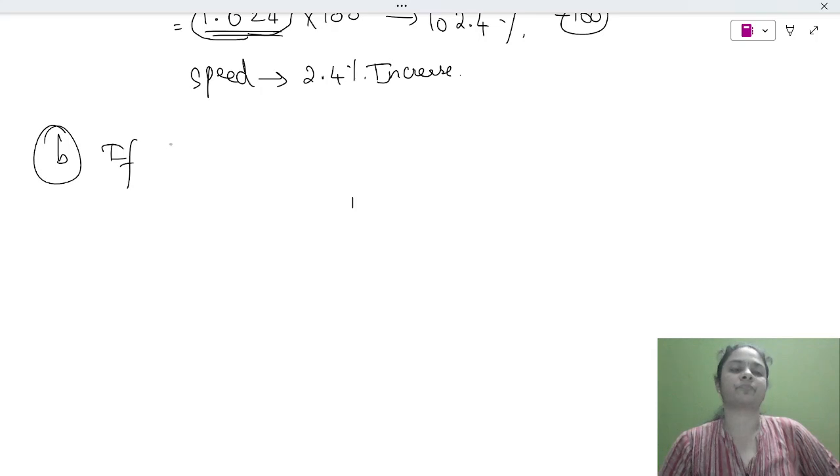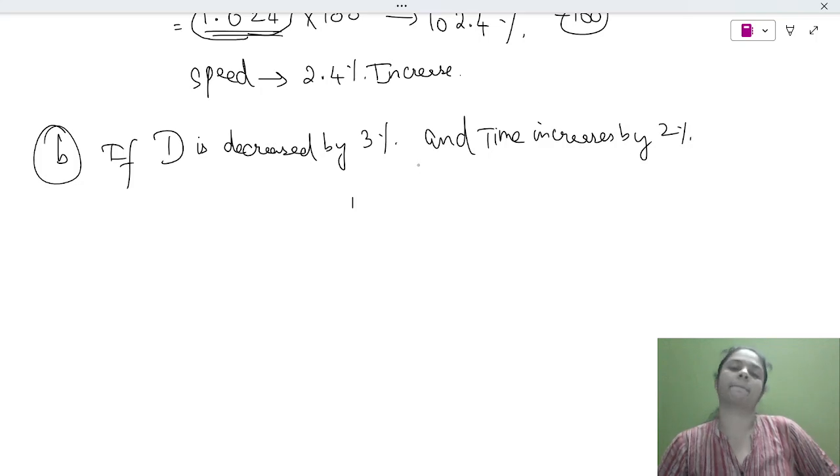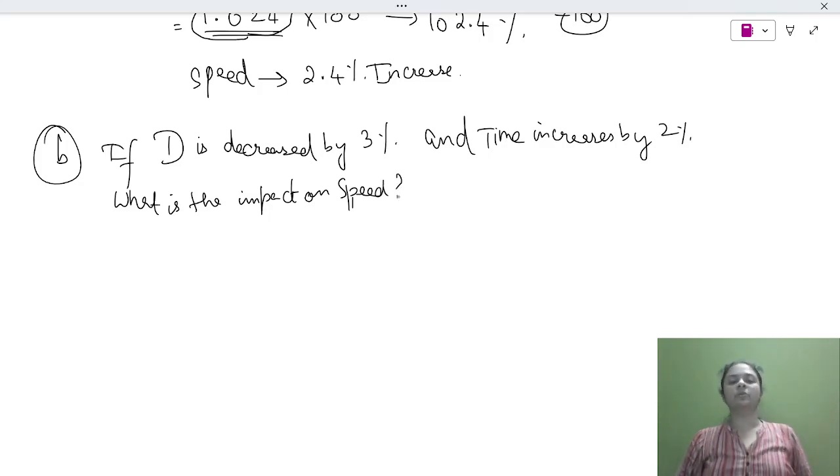If distance is decreased by 3% and time increases by 2%, what is the impact on speed? You can do this in any model.